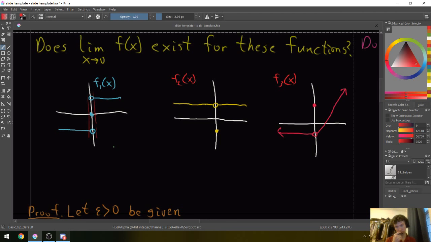I rescind what I said because I cannot explain it. Okay, which part do you rescind? The value of the limit or whether the limit exists? I guess both. Okay, so now you think the limit does not exist.